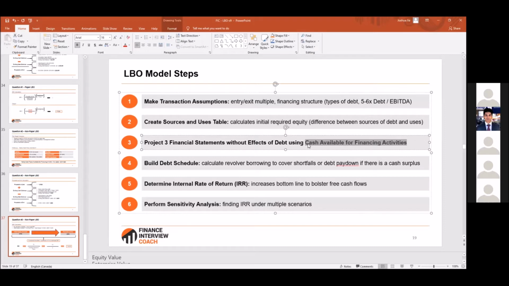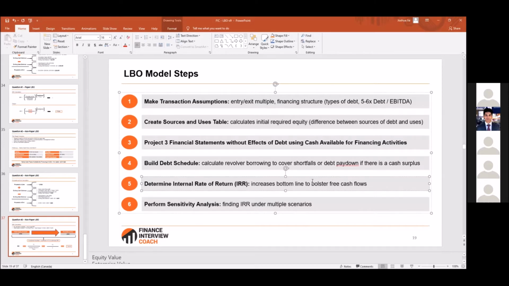So once we have these numbers, we can put them in the debt schedule, and this will tell us how much we're borrowing or repaying. Okay, so we build the debt schedule. We figure out what interest we're paying every year.